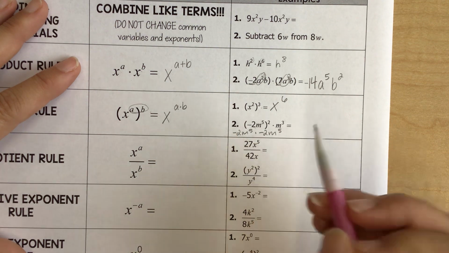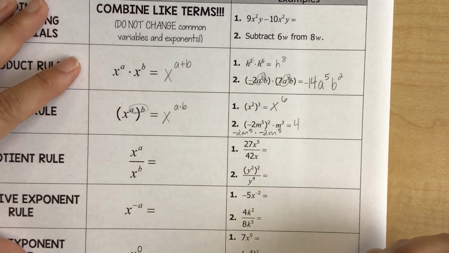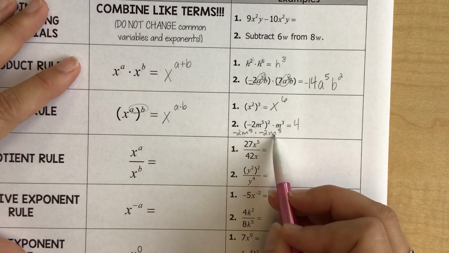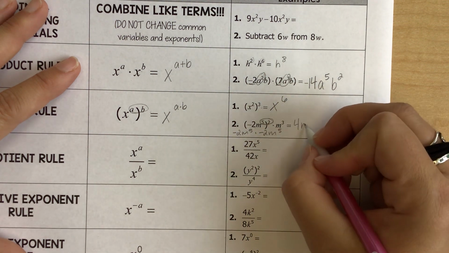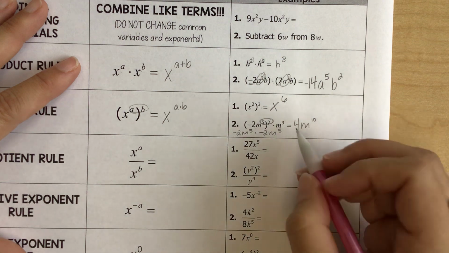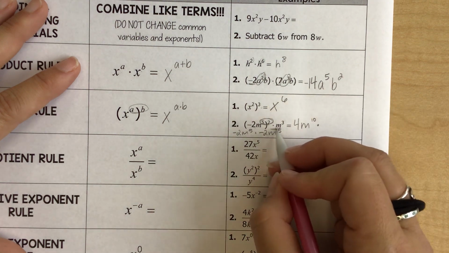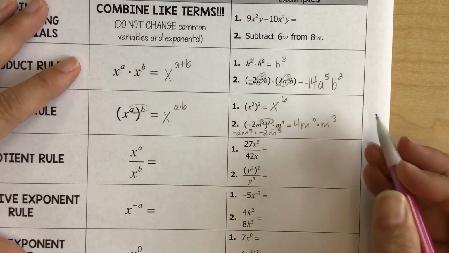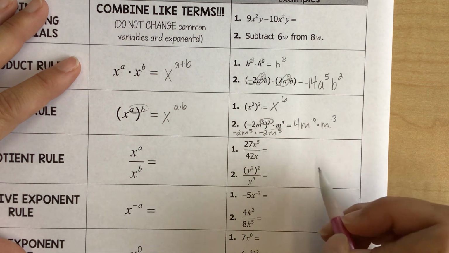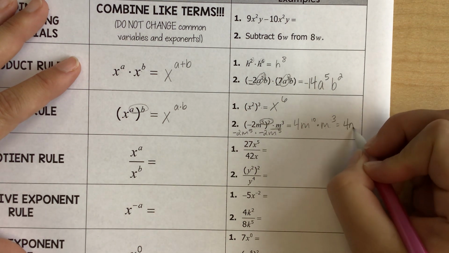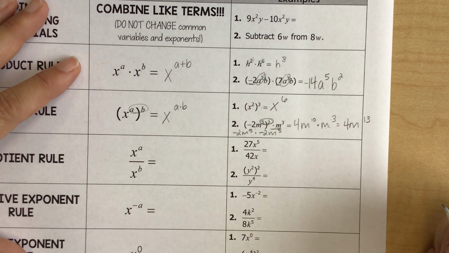Negative 2 times negative 2 gives me a positive 4. M to the 5th times m to the 5th, or right here, we can multiply those. That's m to the 10th. And then I'm going to rewrite this part because I haven't done that yet. Now, we have the same base, and we're just multiplying, so we add those together. So 4m to the 13th.